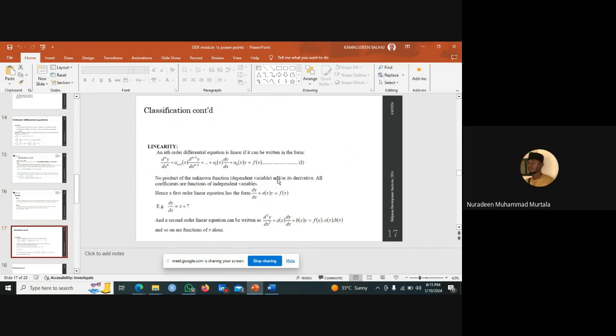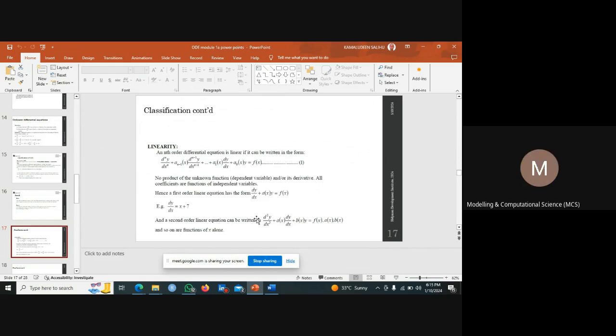We will not spend much time on this because we will talk about it later, maybe next week or the week after. Any equation that can be written in this form, we call an nth order differential equation, and it is said to be linear. For example, dy/dx = x + 7.